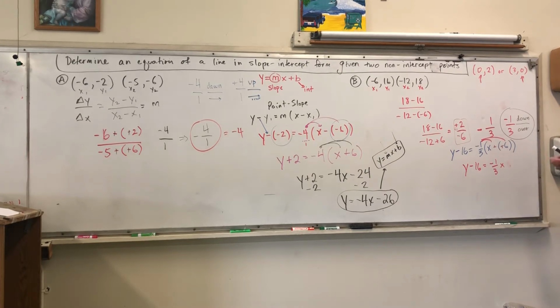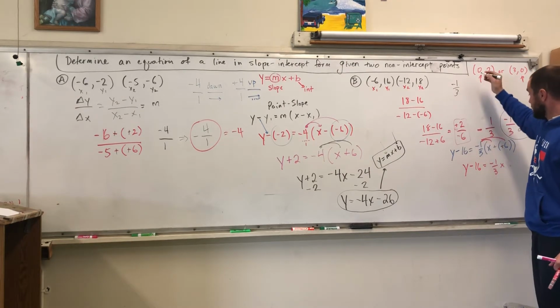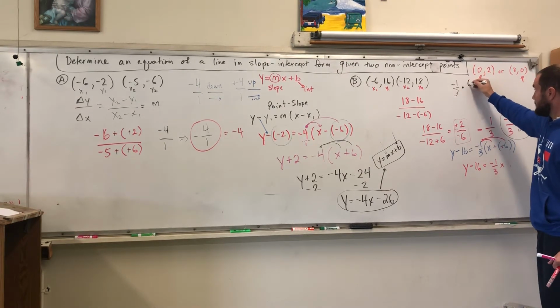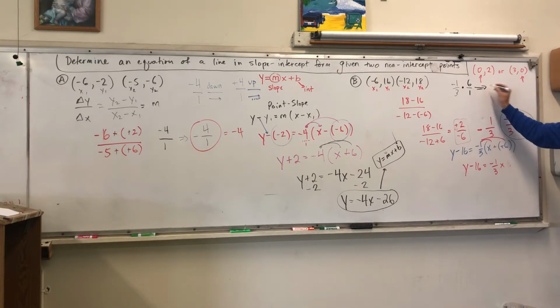Now we'll just take a look over here. You're distributing the negative 1/3 times the 6. Negative, positive 6, which is really a 6 over 1. When multiplying fractions, you just multiply the top numbers and the bottom numbers and actually reduce this to a negative 2.